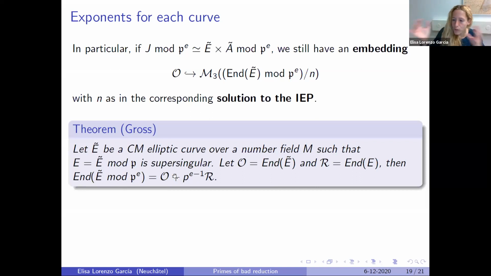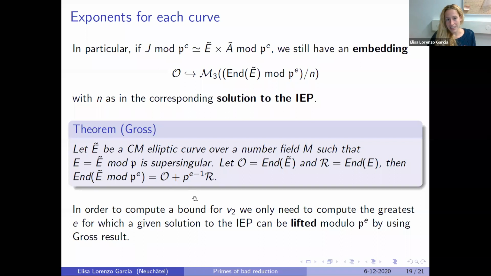They are like a composition of the endomorphism rings in characteristic 0 and P. So basically we are computing solutions to the embedding problem, and we have to compute the maximal exponent to which we can still lift the solution to a solution like this. This is going to give us a bound for B2 and then a bound for the discriminant of the hyperelliptic curve.